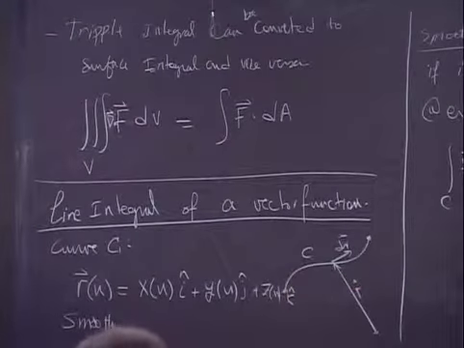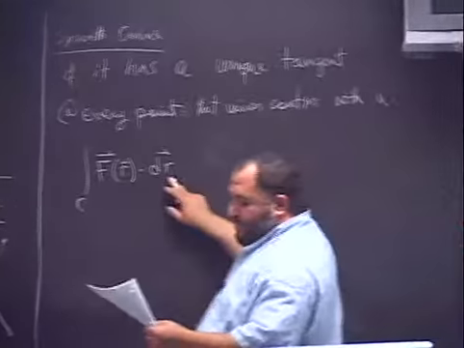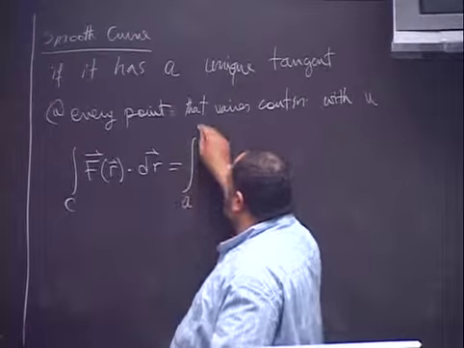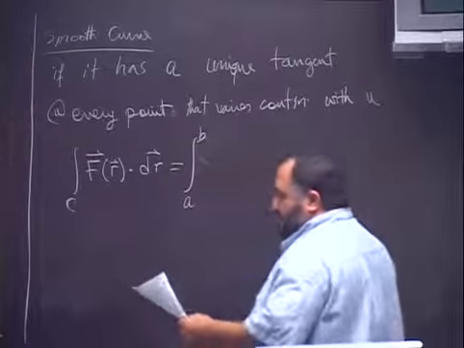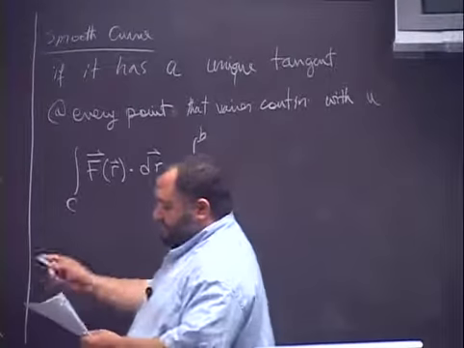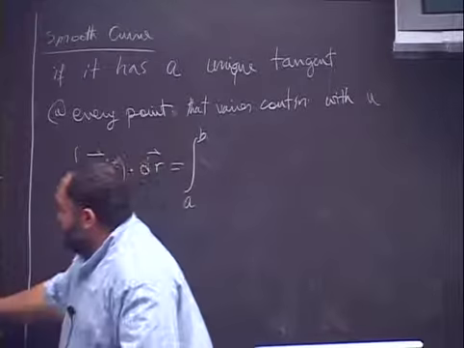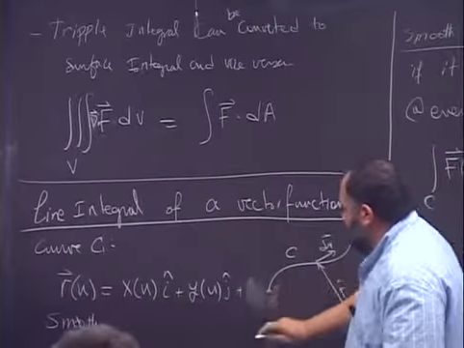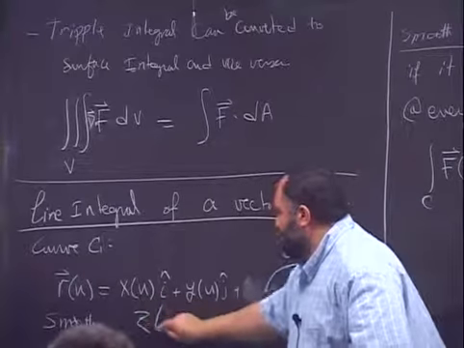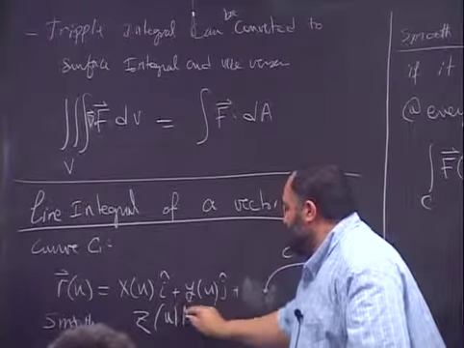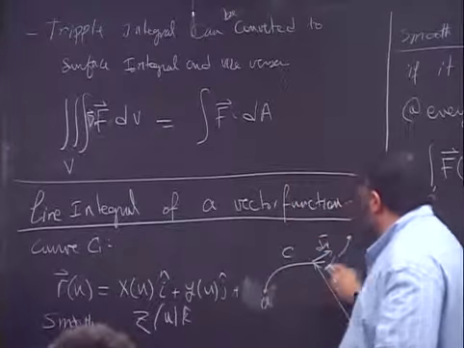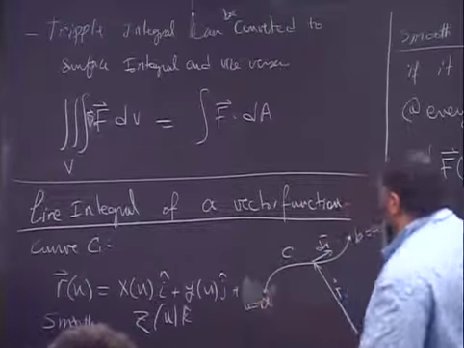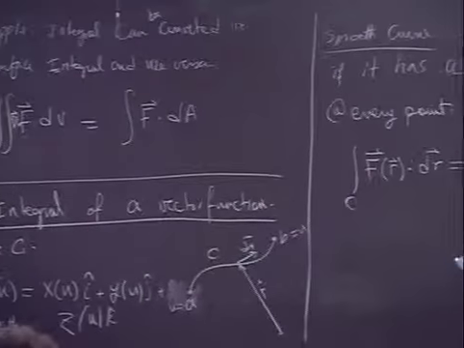So this is f of r dr. Let's assume we will integrate from point A to point B, so u equal to A to u equal to B, for example.